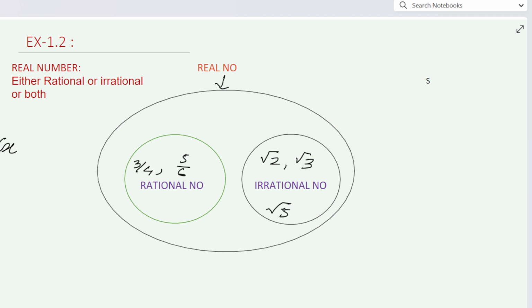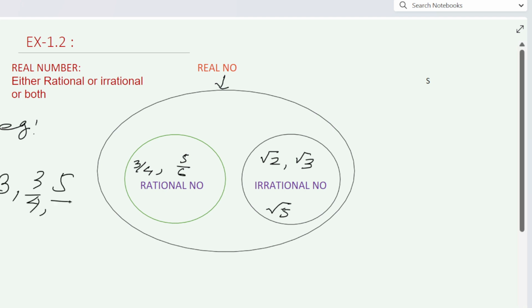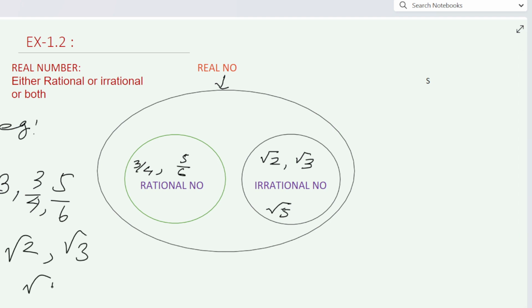Okay, let's take some examples of real numbers: 3, 3 by 4, 5 by 6. I can take root 3, root 2, root 5. These are irrational, these are rational. Both types, rational and irrational numbers, are called real numbers.